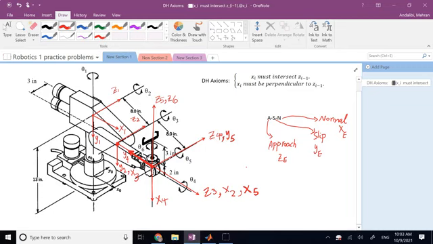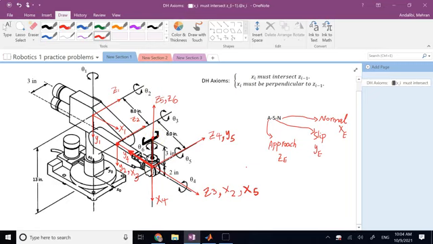Finally, we get to z6 and z5. They are on the same line here, parallel or collinear, and therefore the origin of 6 can be selected anywhere along z6. And we select it to be not at the rest point, we select it to be here at the center of the gripper and use this 3-inch distance for it. So that's where we put origin of 6, and x6 has to be perpendicular to both, so it is up to you.